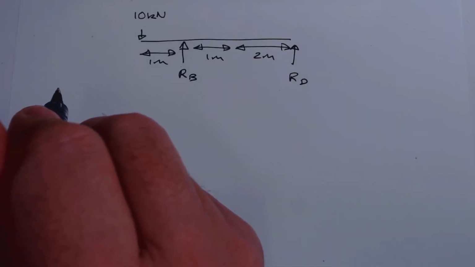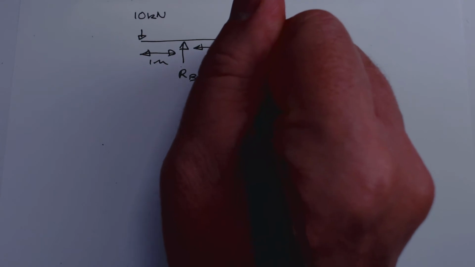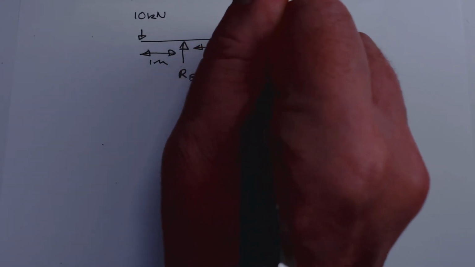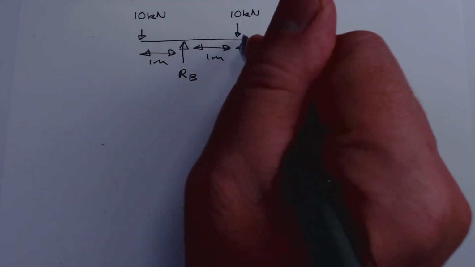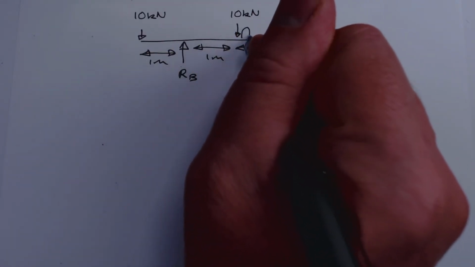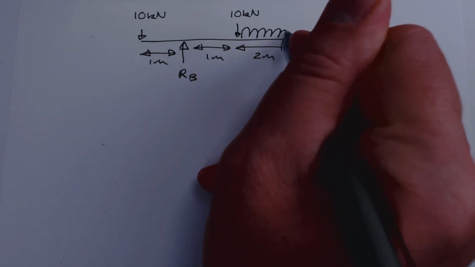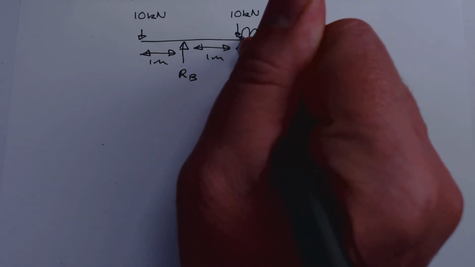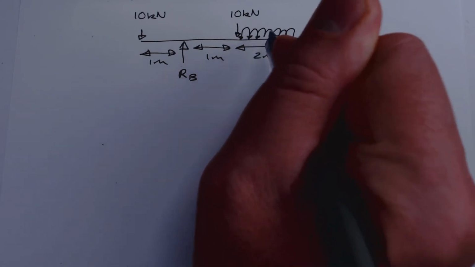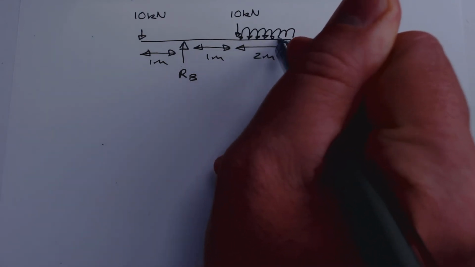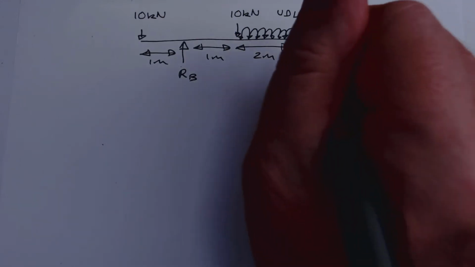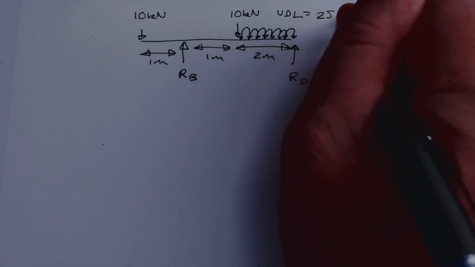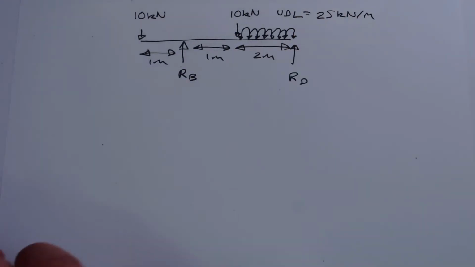I'll put another 10 kilonewtons here, and then across here to represent my UDL I'll do a kind of gate looking thing. I'll tell you it's a UDL and it's going to be 25 kilonewtons per meter.